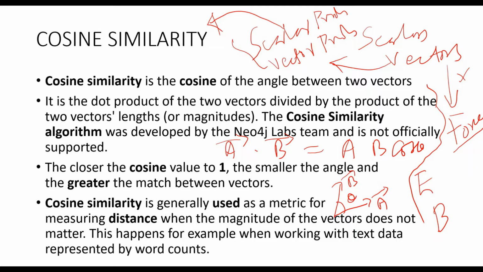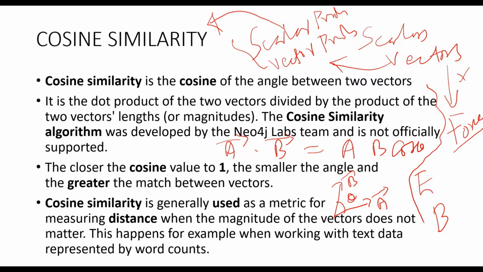The cosine similarity is the cosine of the angle between two vectors. It is the dot product of two vectors divided by the product of the two vectors' magnitudes. The cosine similarity algorithm was developed by the Neo4j labs team, and it is not officially supported. The closer the cosine value to 1, the smaller the angle and the greater the match between vectors.